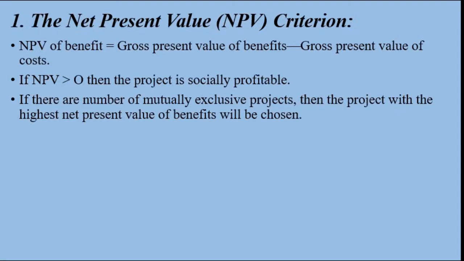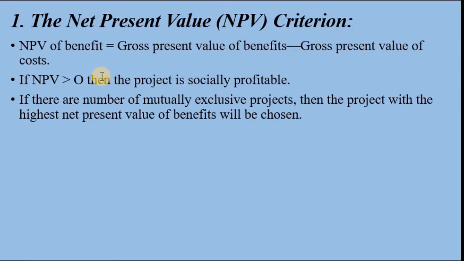The first one is the net present value criterion. This is again an important criterion for project evaluation. In this we can say that NPV, net present value, equals present value of benefit minus present value of cost.